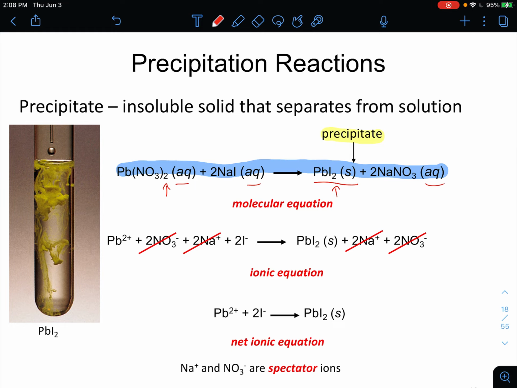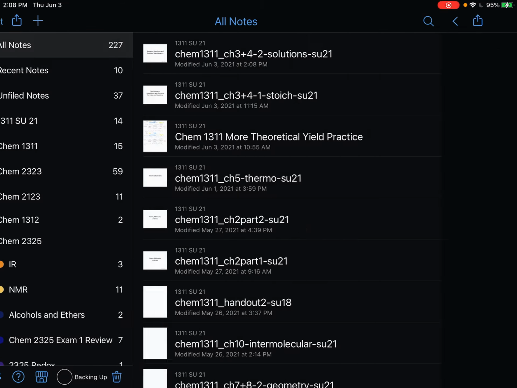All right, so I think I'm going to back out to a separate sheet and walk through this process rather than showing you what I already have written down. So let me do that real quick.